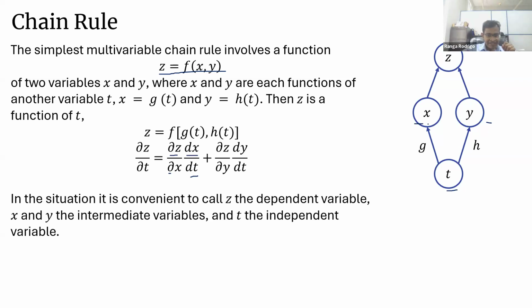Because x is just a function of one variable t, that's why we can use d. Plus the partial derivative of z with respect to y times dy by dt. So you have to add the individual changes. In this situation, it is convenient to call z the dependent variable, x and y intermediate variables, and t the independent variable. So like I said, there are many situations where we can apply the chain rule.